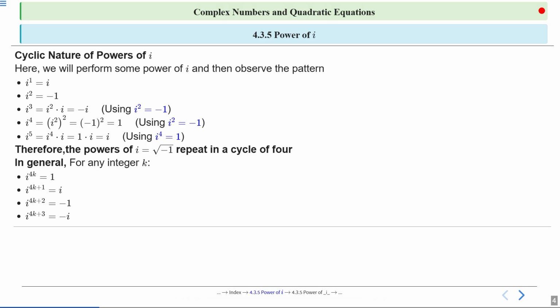Since iota to the power 4k is 1 and iota cube is minus iota, iota to the power 4k plus 3 is simply equal to minus iota. So this completes the cycle. To summarize, the powers of iota repeat every 4 steps: iota, minus 1, minus iota and 1, and then the cycle starts again. This pattern helps us quickly evaluate any power of iota.